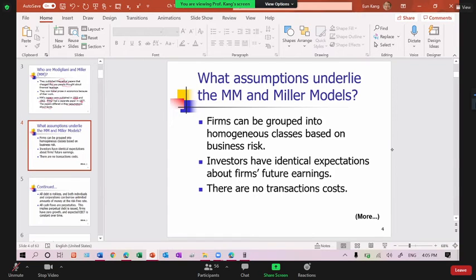Now the important thing is how they had some clear models, because they had many assumptions. So this is how to understand theories, okay?